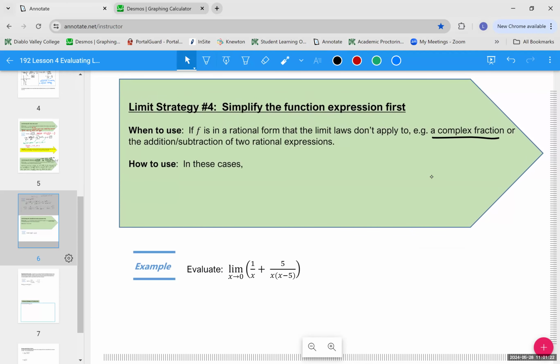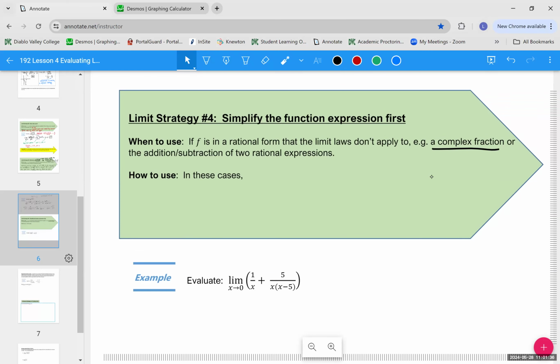Or perhaps, like in the example below, you can't really apply the limit laws here because you end up with a number over 0 for both of these, which means neither of these limits exist. So is there a way that we could simplify this first? And that is definitely a strategy that we want to use.